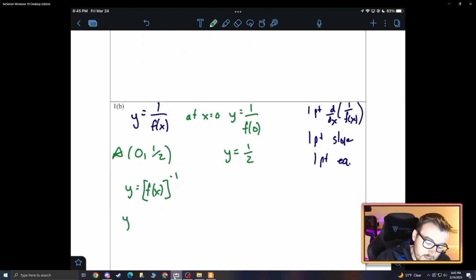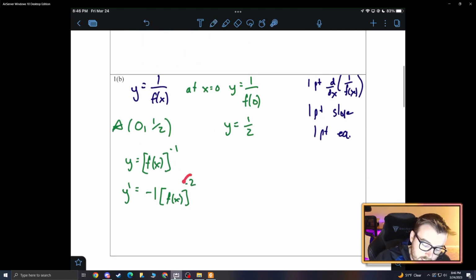And when I derive it, it becomes negative 1 times f of x to the negative 2. That's the power rule. But there's a function on the inside, so we must multiply by the derivative of the inside, and that is chain rule. Yeah, understood?